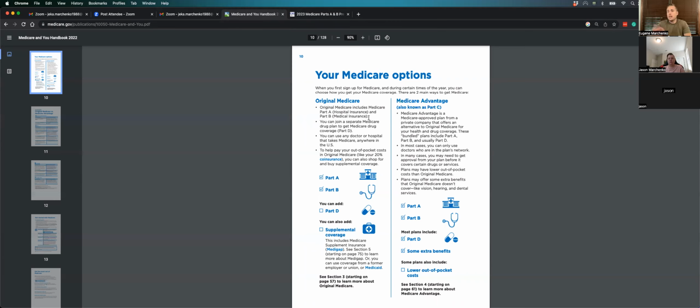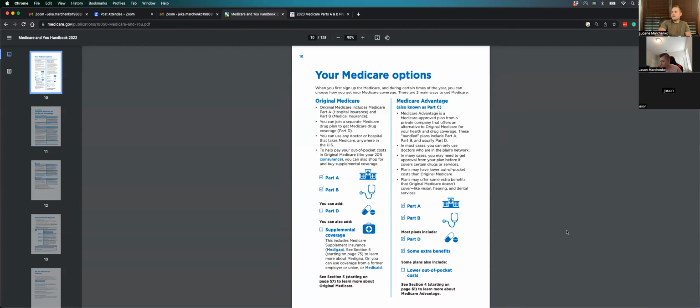So you pick a plan like Plan G, for example, you pay the monthly premium for Plan G, and everything is covered at 100% after you've met your deductible. So you will always have a Medicare deductible. You're always going to pay that $233. But then depending on what secondary coverage you have will determine how much of that is covered.